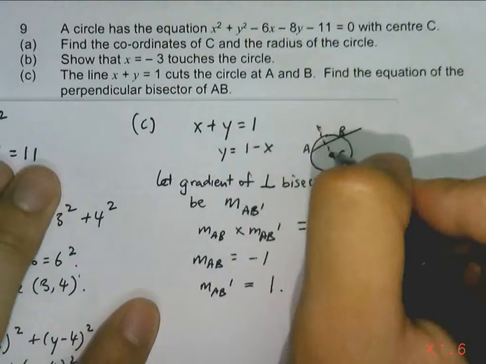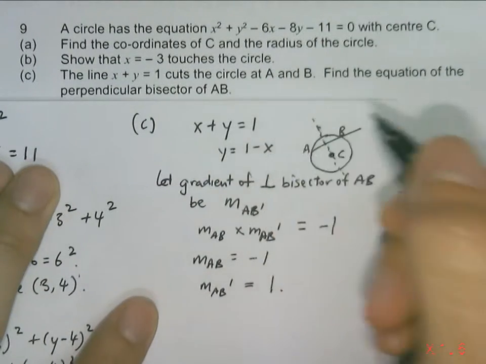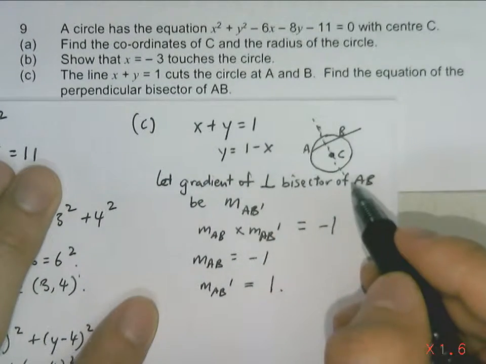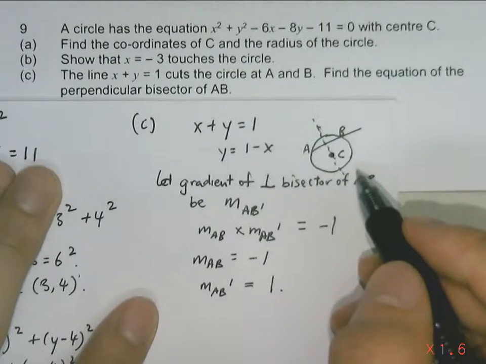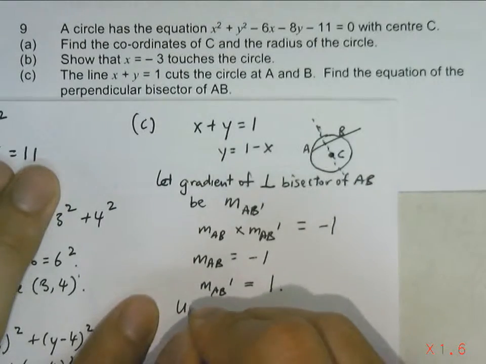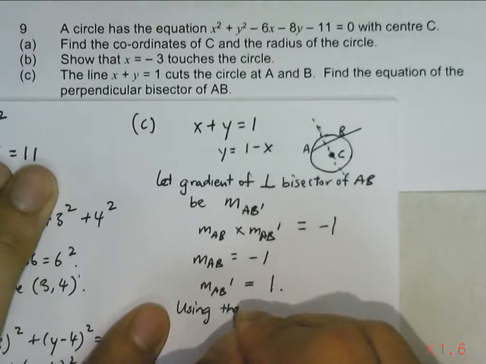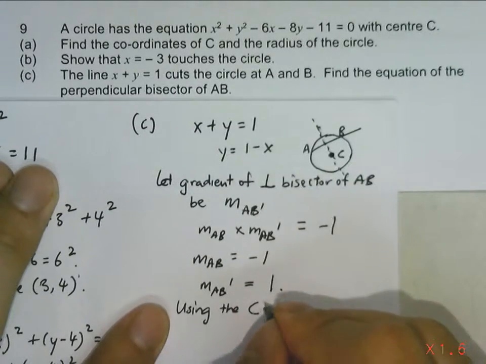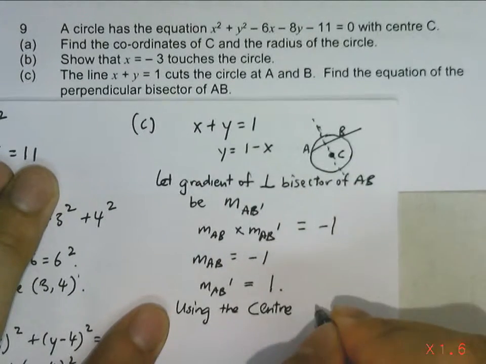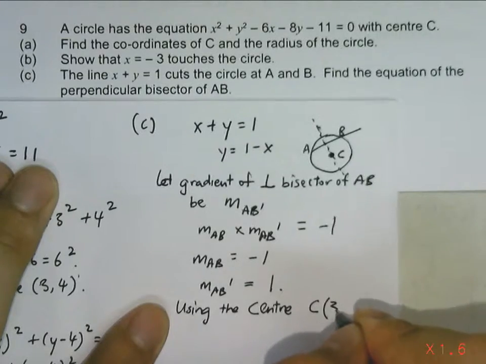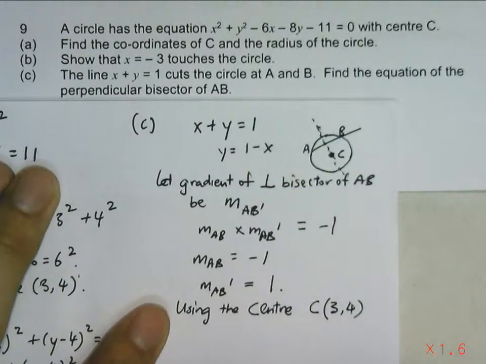Notice that this dotted line represents the perpendicular bisector, and it passes through the center. So using the center, which is C, which is 3, 4, as we found in part A.